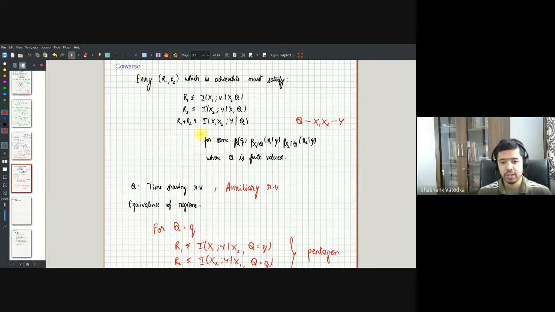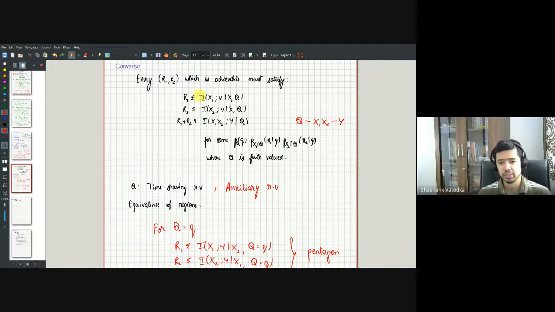So as long as R1, R2 satisfy this for some particular joint distribution of the form PQ, Px1 given Q, Px2 given Q, this region is achievable, and it's both necessary and sufficient.